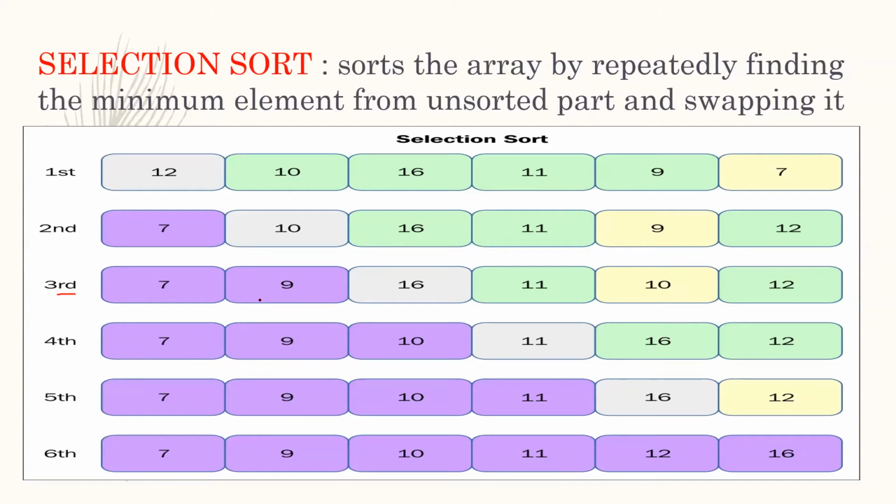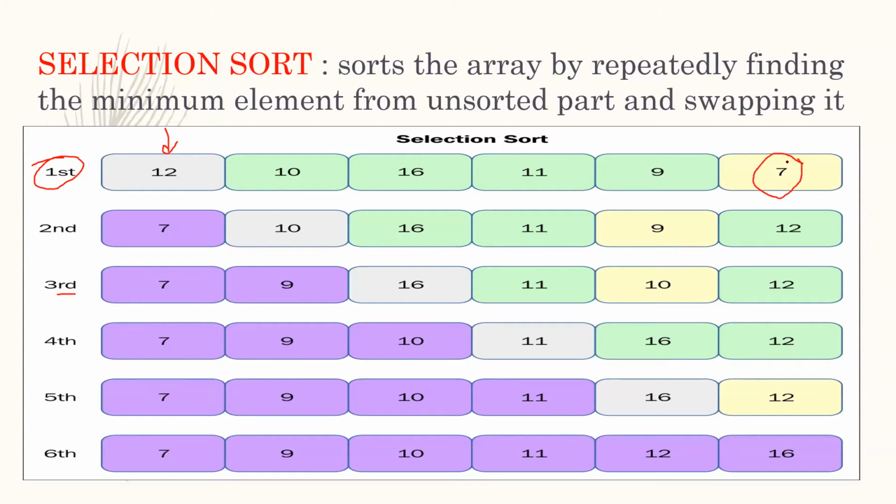Let me explain how it's happening. Take the first step here. The first element is 12. To swap the element 12, we need to find the minimum element, right? The first minimum element will be 7.